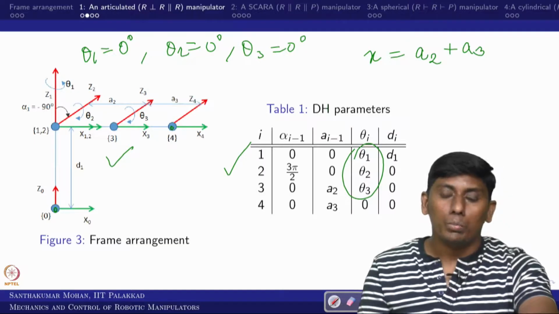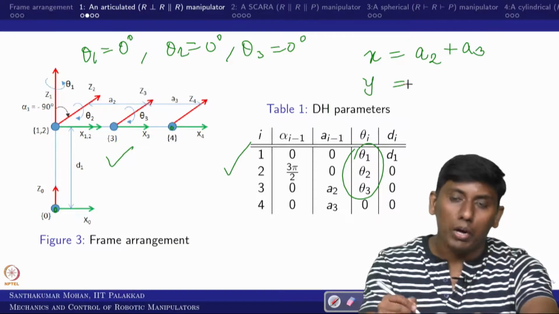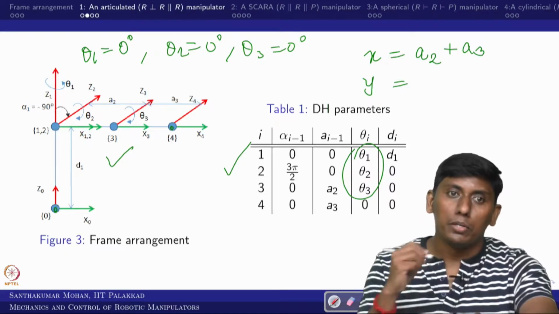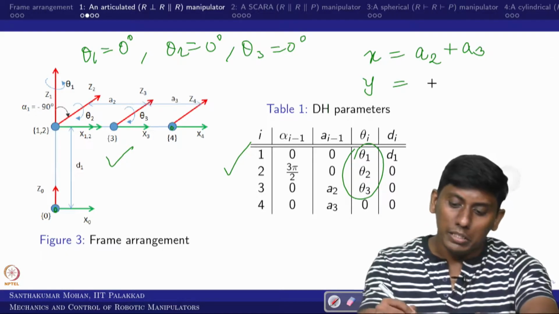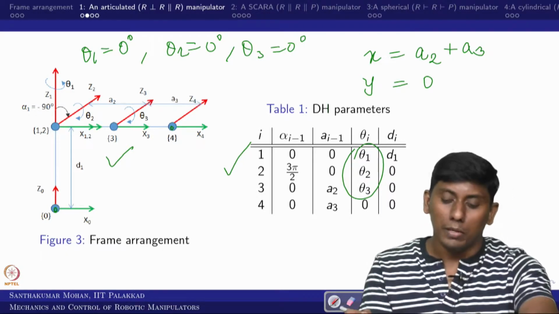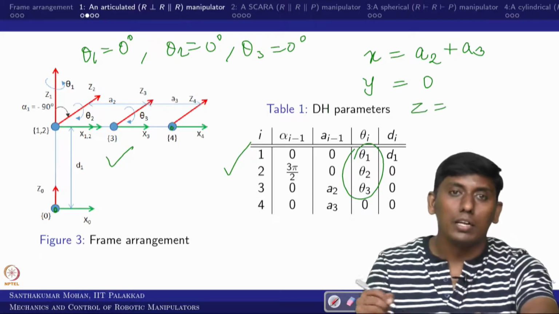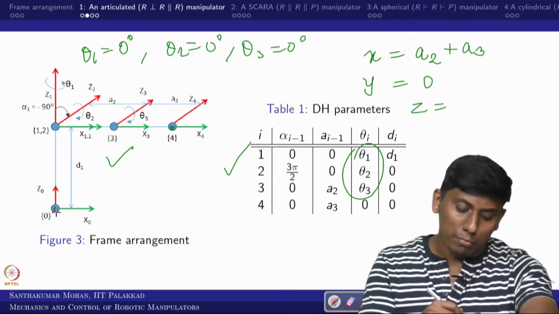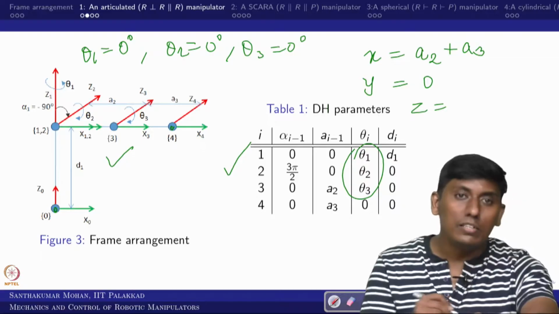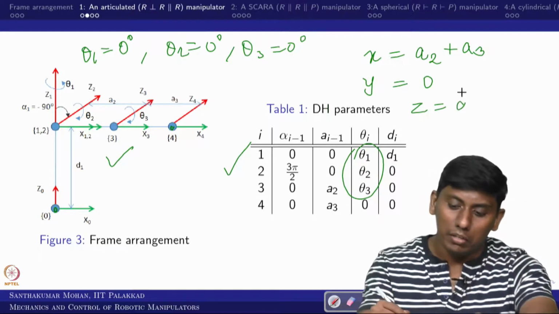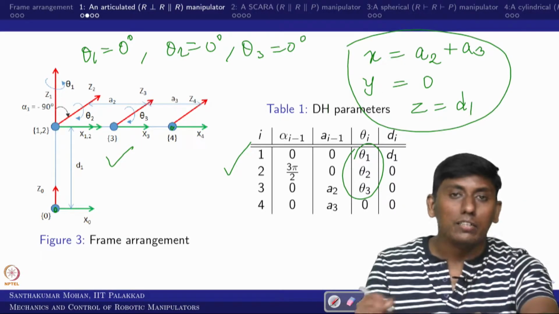What would be the y position of 4 with respect to the 0 frame? That would be 0, there is no displacement. What would be the z position? You can see that this point is along z0, and the distance is d1.